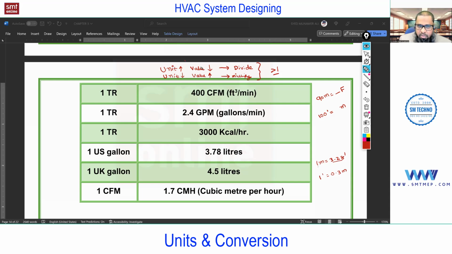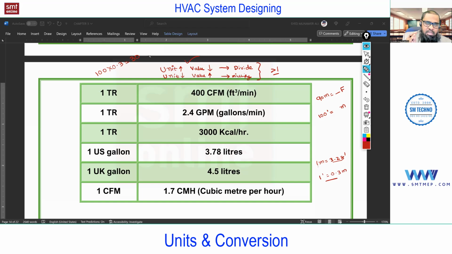Now I can apply this rule. But in case I'm using this other conversion, then the case is going to be reversed. For example, 100 multiplied with 0.3. Will the result be more than 100 or less than 100? Less than. You'll get 30, no?